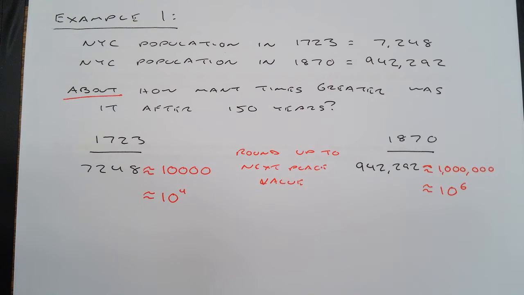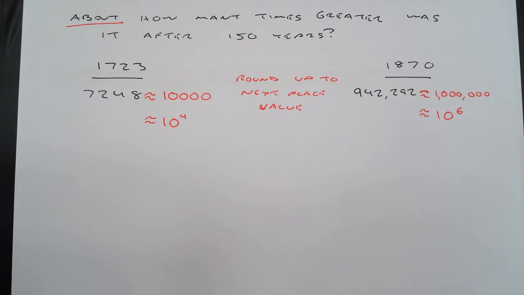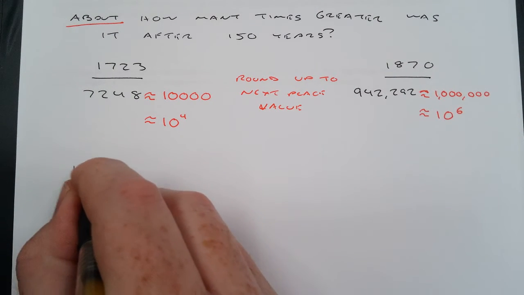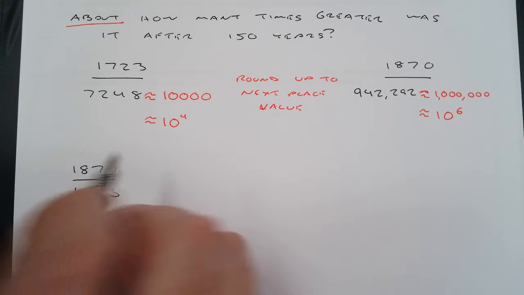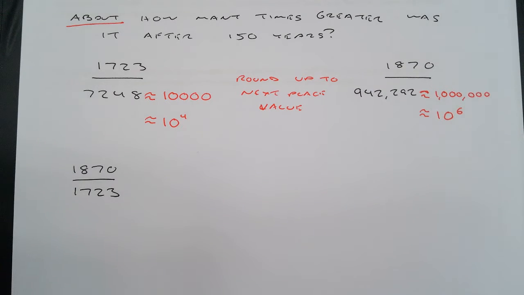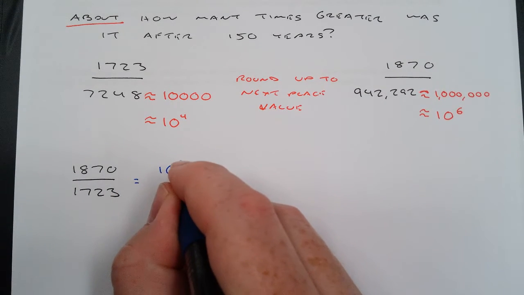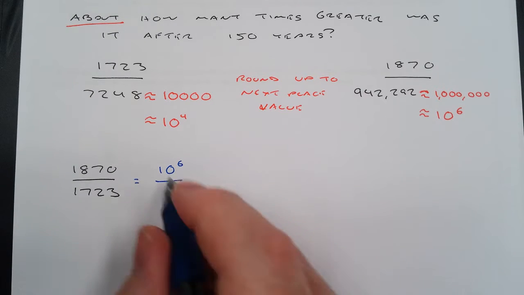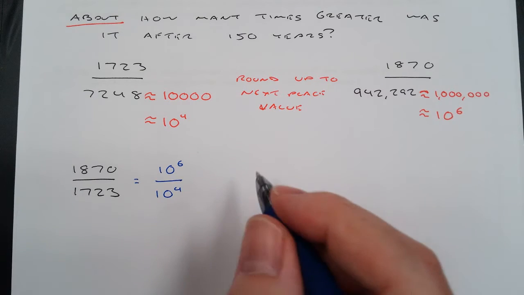How many times greater was 1870 than 1723? Whenever it's asking how many times greater something is, you need to take the bigger one and divide by the smaller one. So we're going to do 1870's population divided by 1723's population, which 1870, remember, is 10 to the sixth, or about 1 million. 1723 was about 10,000, 10 to the fourth.